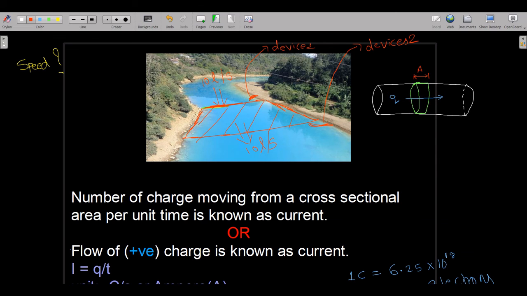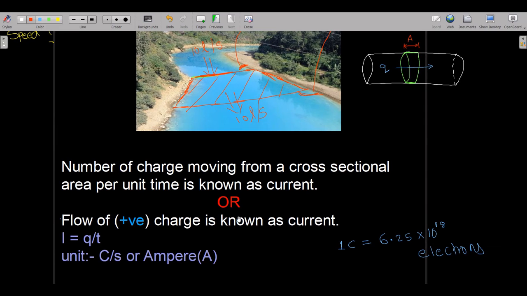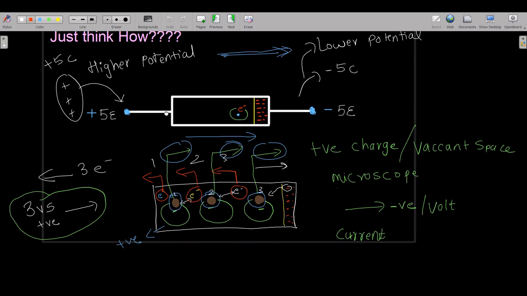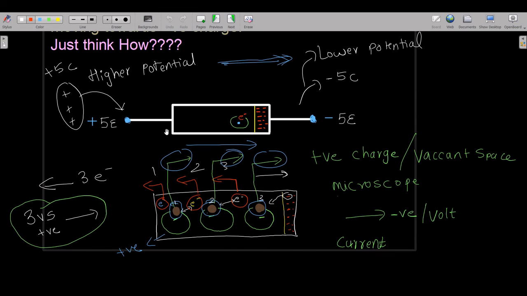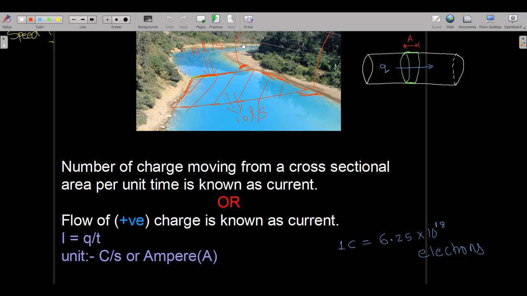That is current in proper scientific terms. What we saw over here was a kind of visualization to clear your concept of how current is generated and from which direction to which direction it moves. But what I want to explain now is the mathematical term.